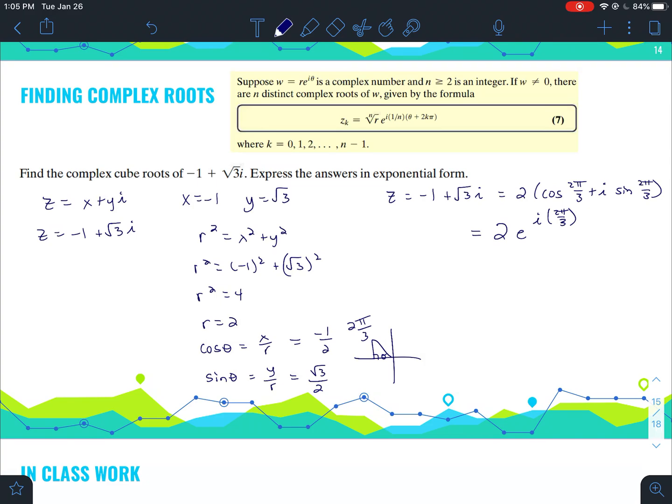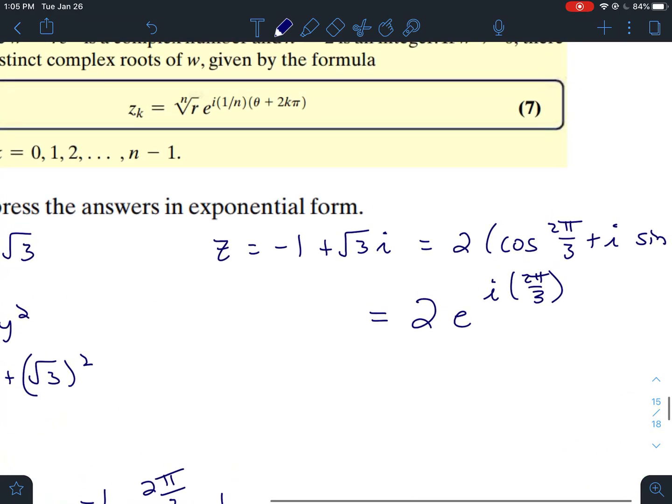And so if we want to find the complex cube roots, we're going to use this formula. So it's going to be the nth root. So in this case, it'll be the cube root of the radius. So my cube roots would be the cube root of 2. And then we've got e^i, and then it's going to be 1 over n.